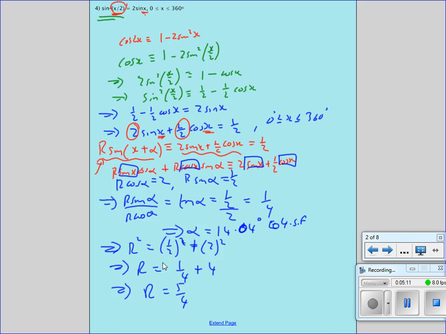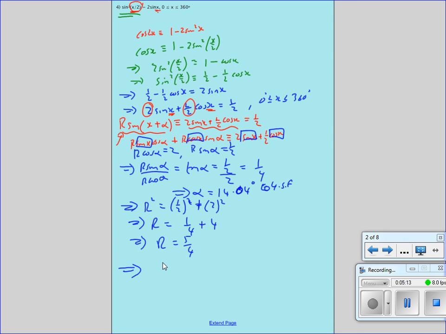So I can rewrite what I started with in terms of my R method, and I can say that I have 5 over 4 sine x plus my alpha, 14.04 degrees, equals a half.